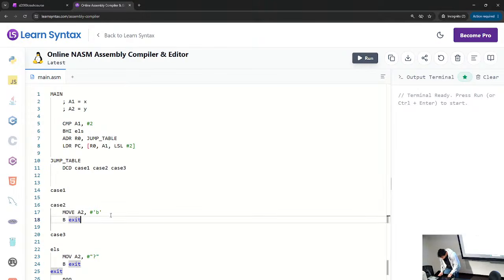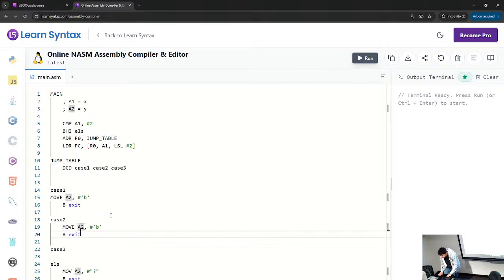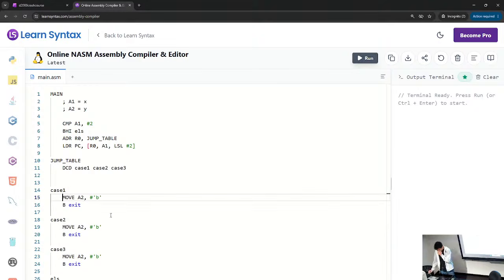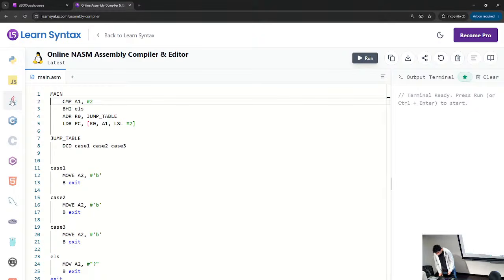Yeah, and we can do something like this, and this should be the assembly equivalent of our C program that we had over here.